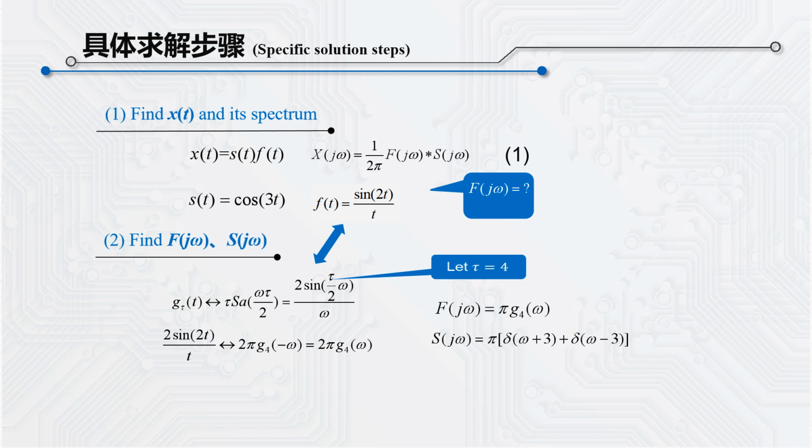According to what we learned before, obviously, its spectrum should be pi times delta(omega plus 3) plus delta(omega minus 3). Then, replace F(j omega) and S(j omega) in the first formula. We can get formula 11. Here we can find that the spectrum X(j omega) also has 2 gates. The width is 4, and they are moved to minus 3 and 3 respectively.